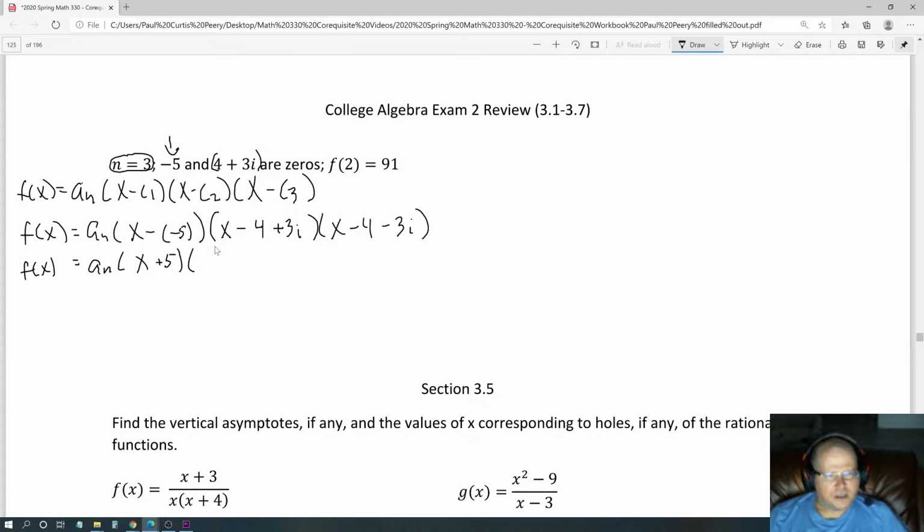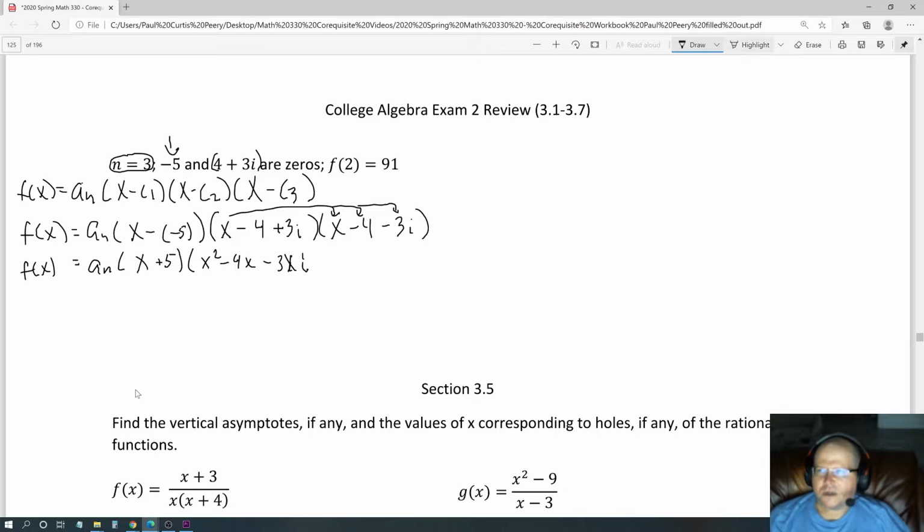Now we have to do some long distribution to get this one to work. We say x times x gives me x squared, x times negative 4 gives me negative 4x, and x times negative 3i gives me negative 3ix, or 3ix.